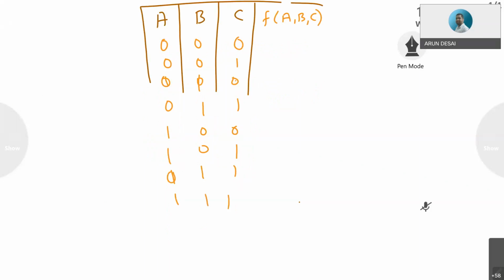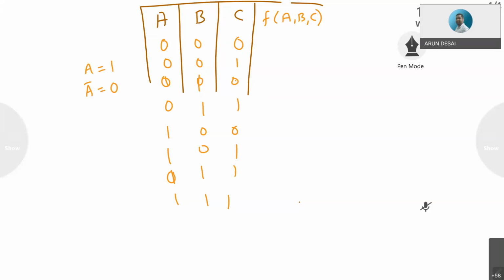Right. So our function is A complement B. In this expression, any variable is treated as 1 and its complement is treated as 0.